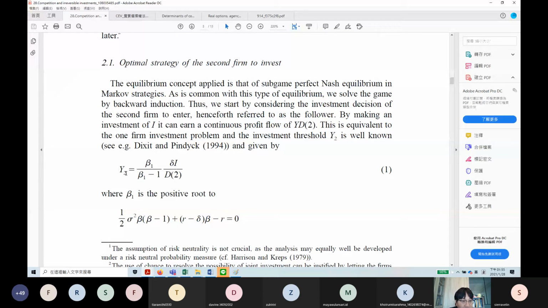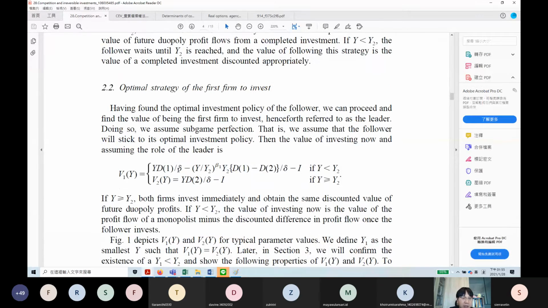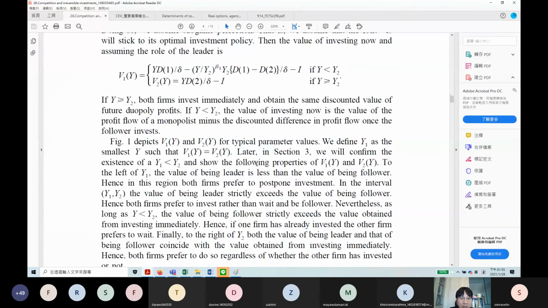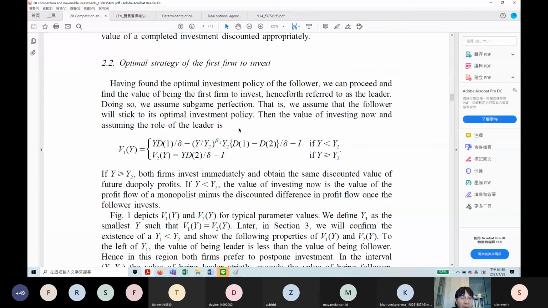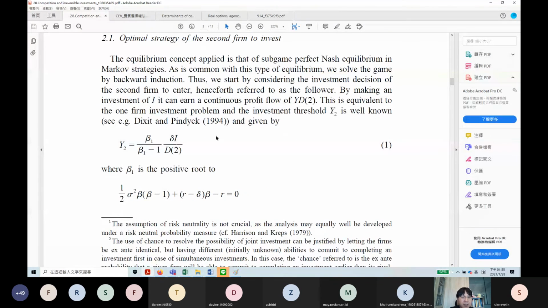I use Y2; Y2 means there are two players in the dart tree. Y1 means just only one player. Any questions? No, right?